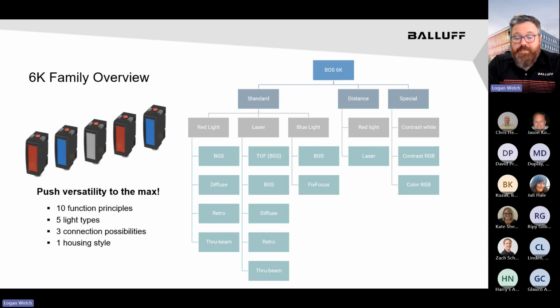And then BGS. BGS stands for background suppression. So that technology comes into play when you have a background. Maybe it's a guardrail or the backing of a conveyor or the inner workings of a machine going on behind the part or the media you're trying to detect, and you don't want to read that.